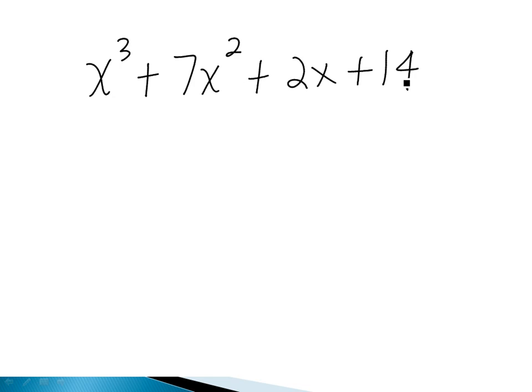Let's say we had x cubed plus 7x squared plus 2x plus 14. We do not have a GCF for all 4 terms. You should consider factor by grouping because you have 4 terms: 1, 2, 3, 4.